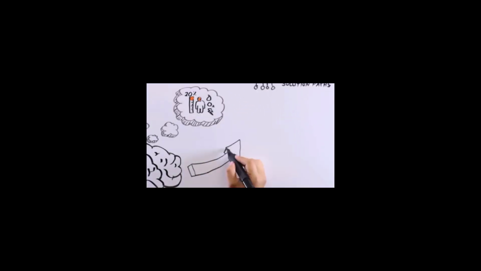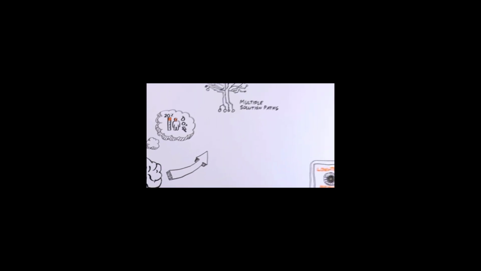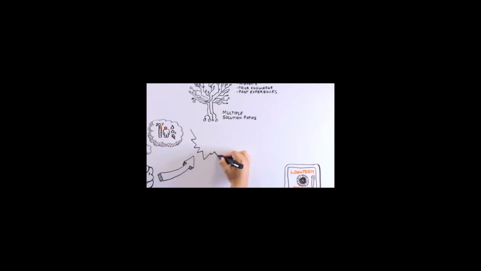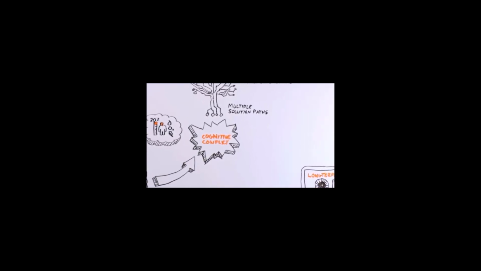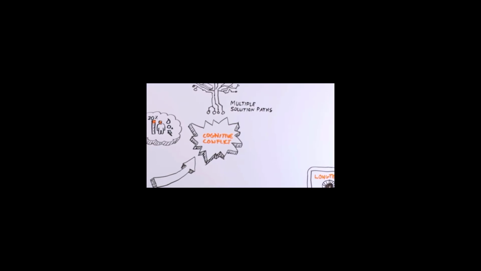When new information is introduced, the brain has to find a way to reconcile it with prior learning. This process is called cognitive conflict. Teachers often try to shield their students from cognitive conflict because the process can be frustrating. But to truly ensure that the information is mastered, students must be allowed to struggle and resolve their cognitive conflict.